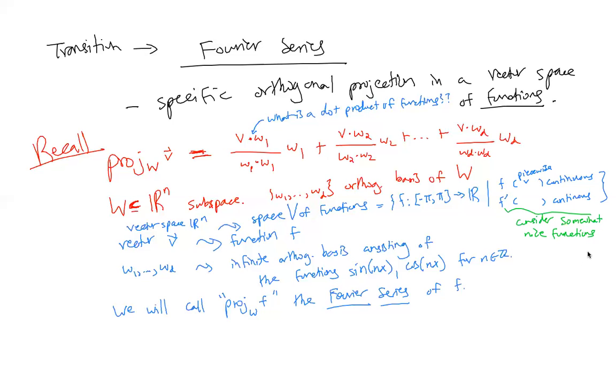Okay, but the problem still remains: how do we define a dot product of these functions? And what does it mean to be orthogonal in that case, and so forth. So let's do that. The dot product for Rn is going to be generalized to what's called an inner product.